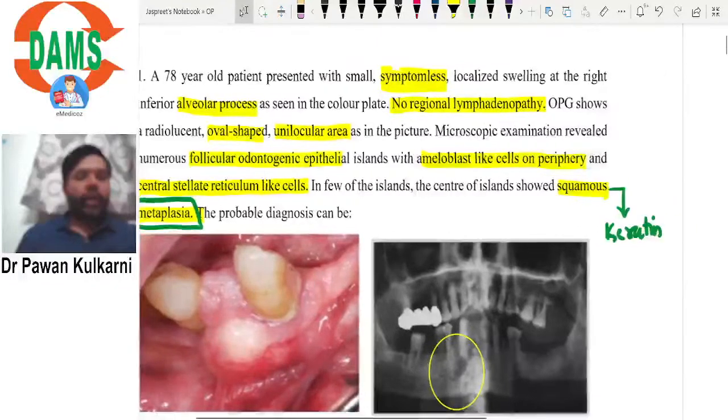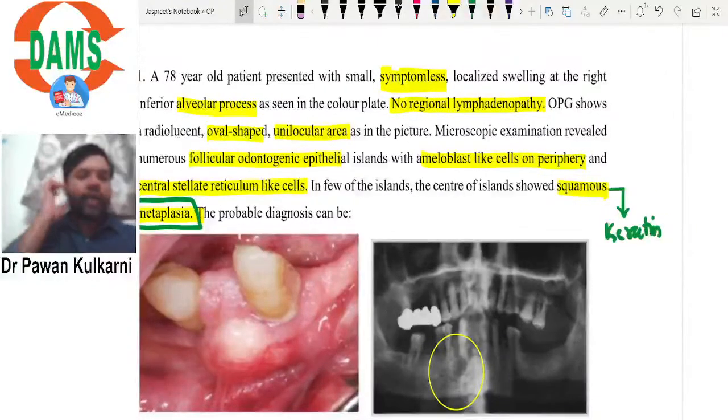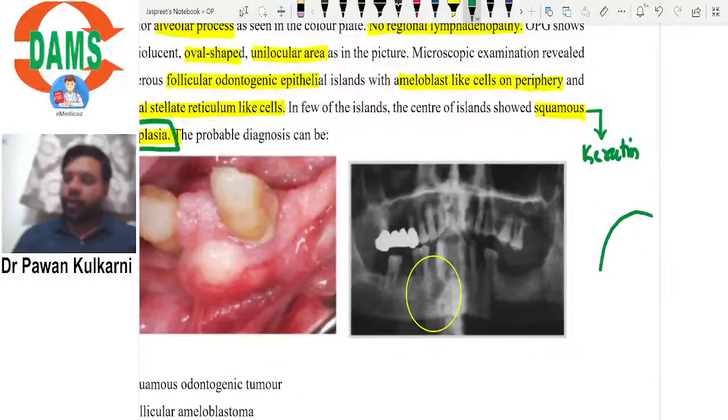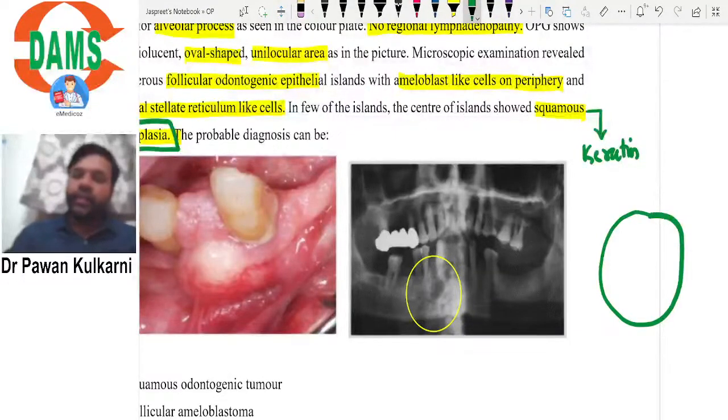So in the odontogenic islands, we will see some keratin like structure. For example, this is the odontogenic island. Within this island, instead of stellate reticulum, I'll be able to see structures like this. That is keratin.